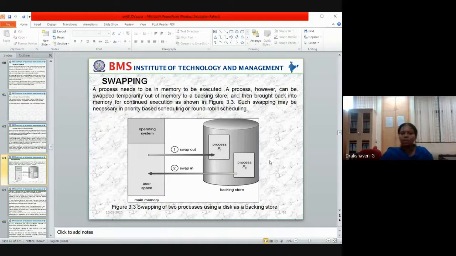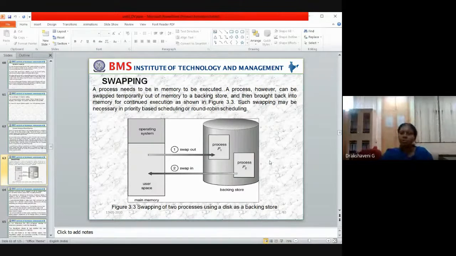So today we start with swapping. What is swapping? Your program is stored in main memory, and whenever you want to execute it, it will be fetched from main memory to the CPU's temporary memory for execution.